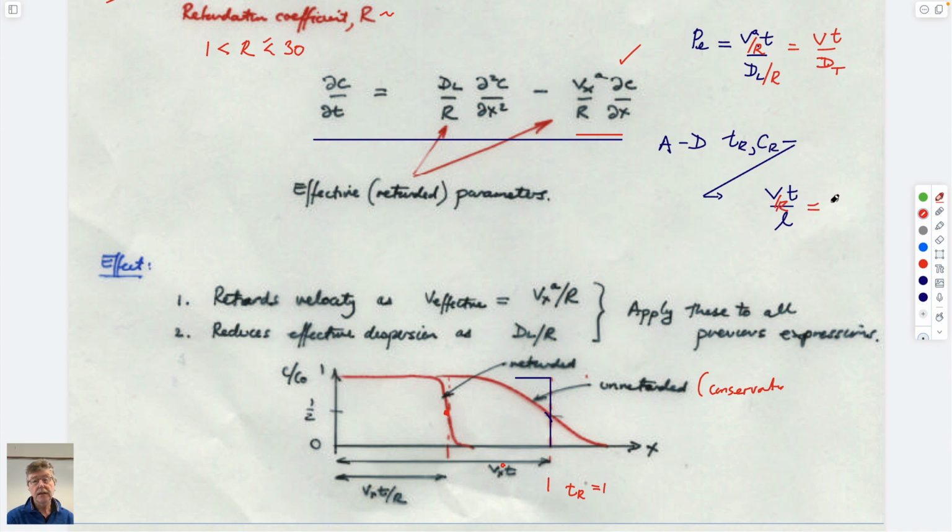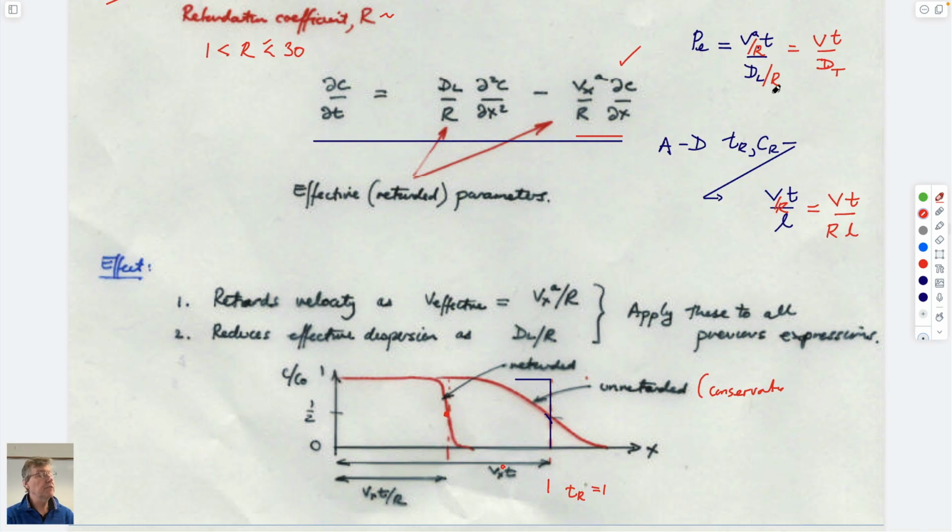And so the TR term will be changed to be velocity times time over RL, which is actually kind of what this is here, right? It's divided through by this.